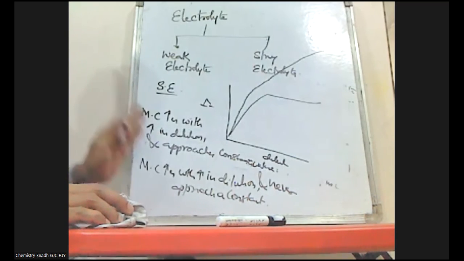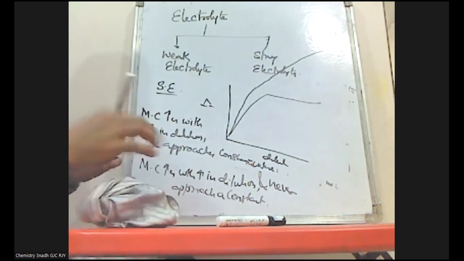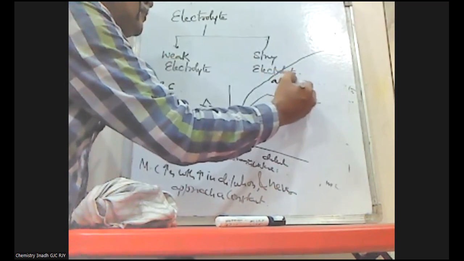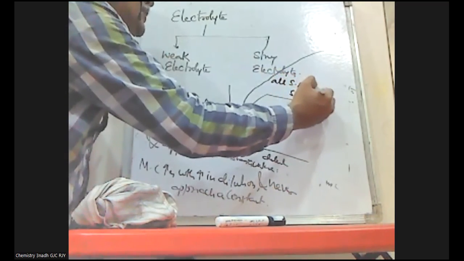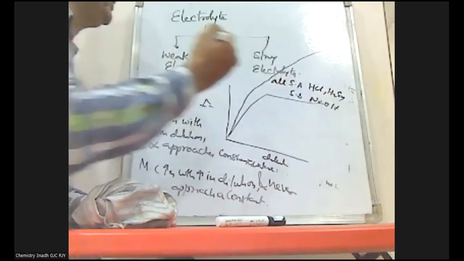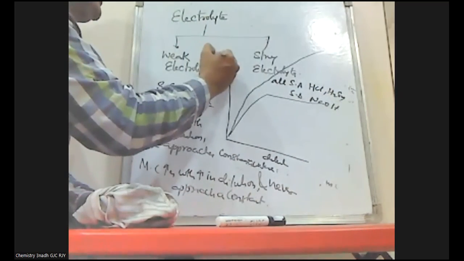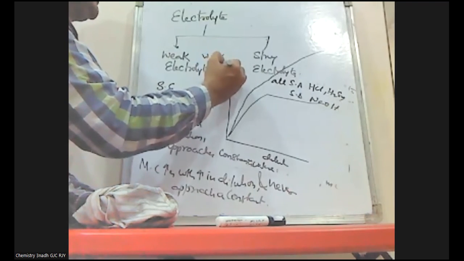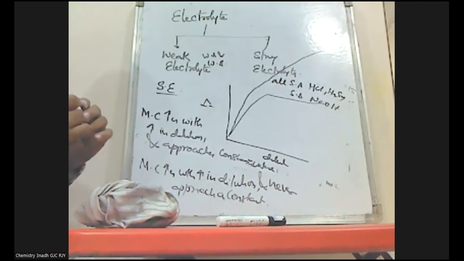Those substances are called weak electrolytes. All strong acids and strong bases, HCl, H2SO4, NaOH, are examples of strong electrolytes. All weak acids and weak bases are examples of weak electrolytes.